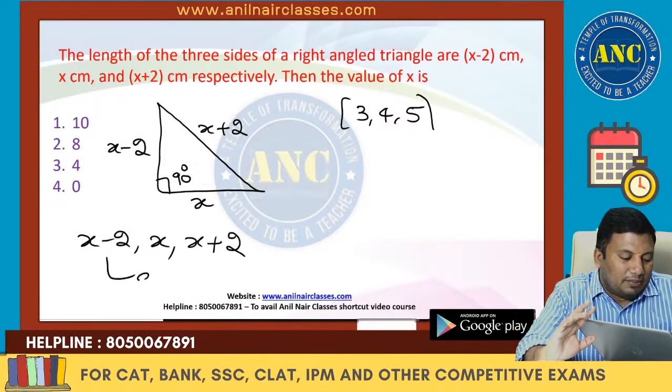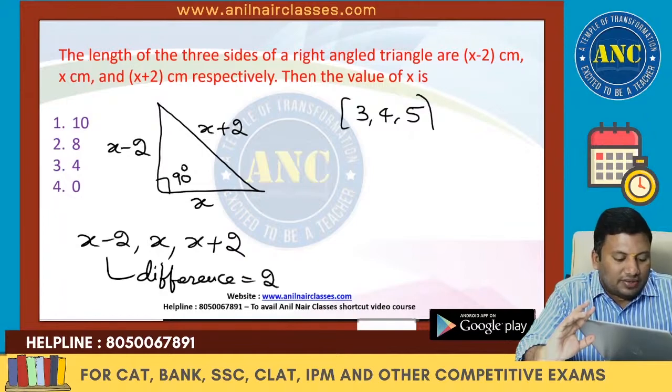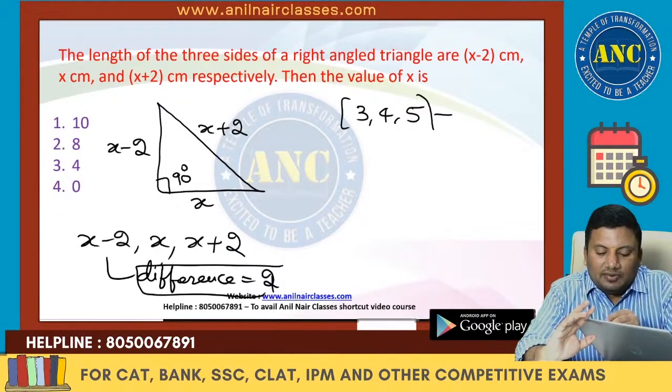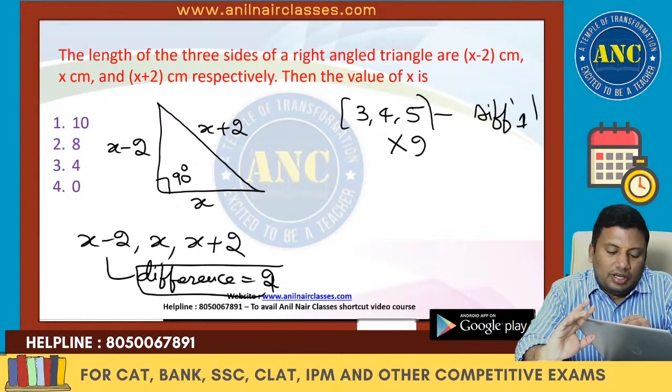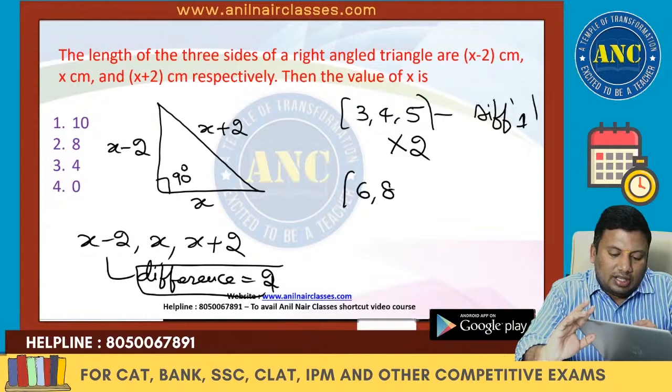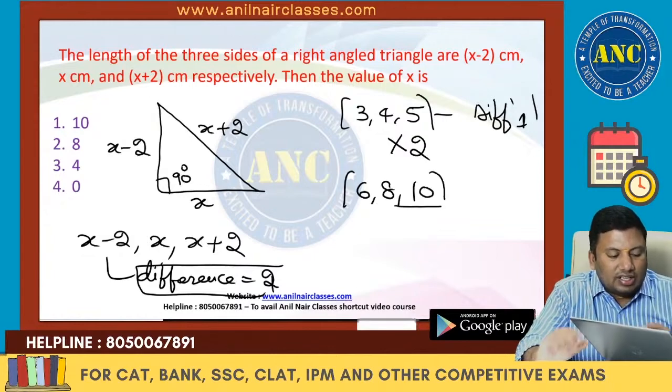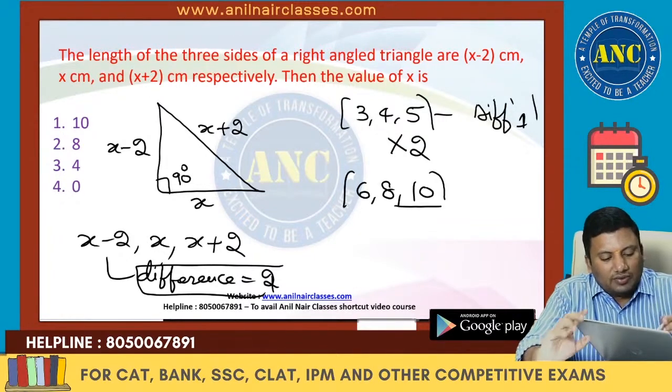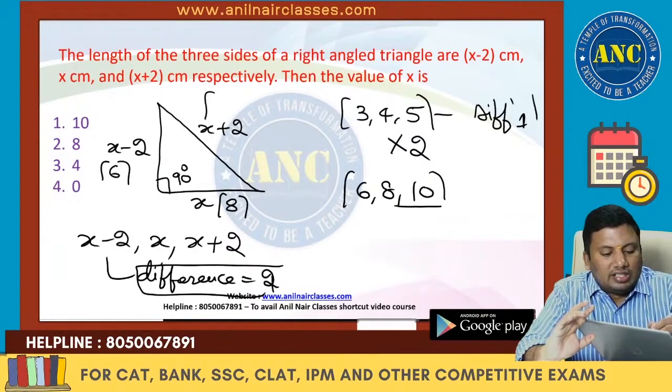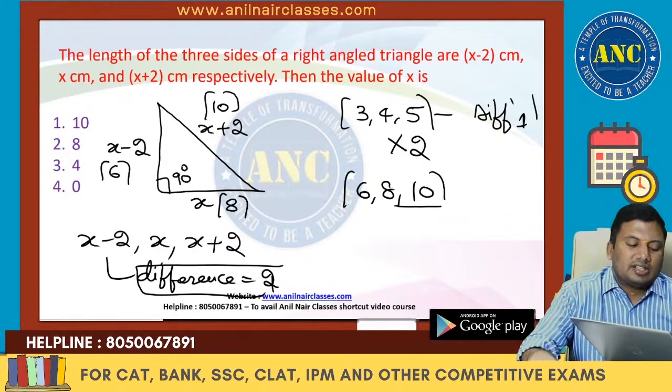The difference is 2 units. When the difference is 1 it is 3, 4, 5, but I want a difference of 2 units, so multiplying by 2, the answer is 6, 8, 10. So the x value is 8: 6, 8 and 10.